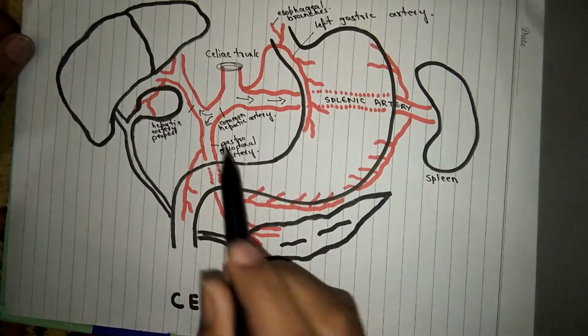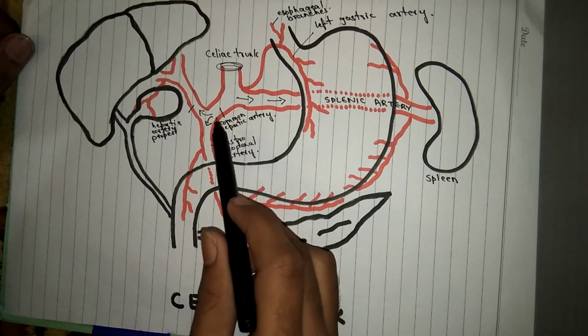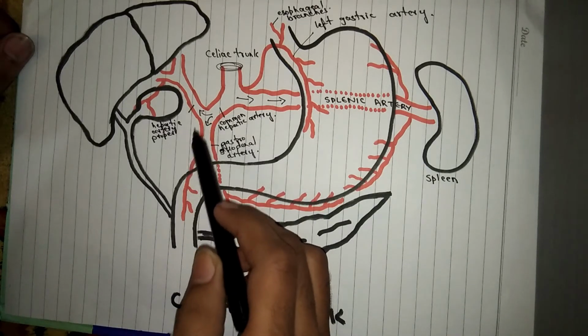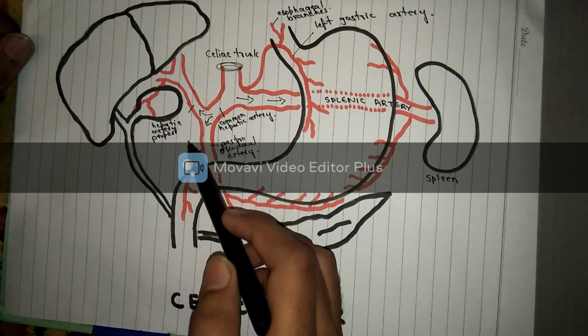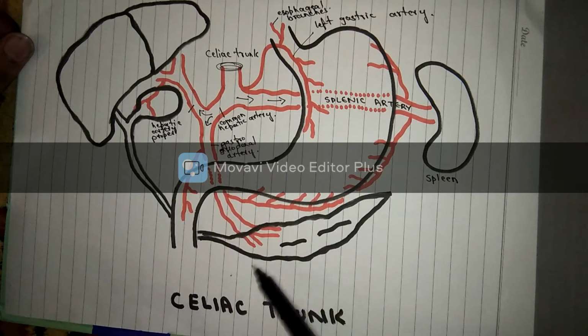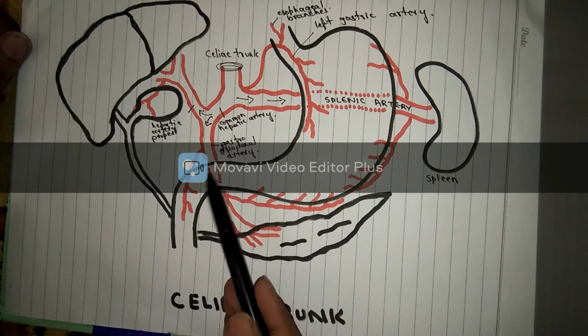So the common hepatic artery branched into two branches. One going towards the liver is the hepatic artery proper, and the second going towards the duodenum and the pancreas is the gastroduodenal artery.